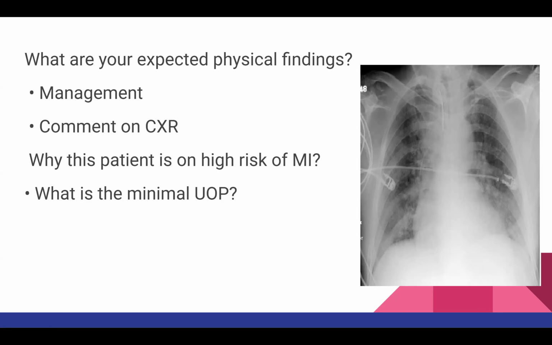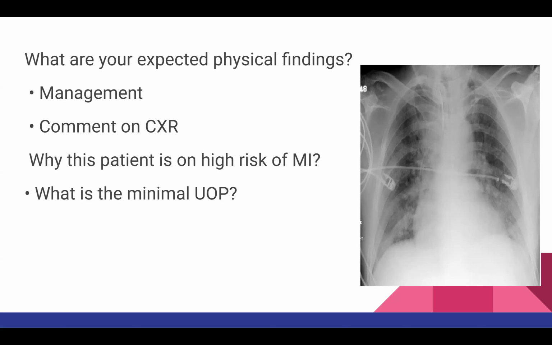There won't be adequate preload, and cardiac output will decrease because of that. Then this will affect the blood supply to the heart, the coronary blood vessels, and the patient can go into MI.